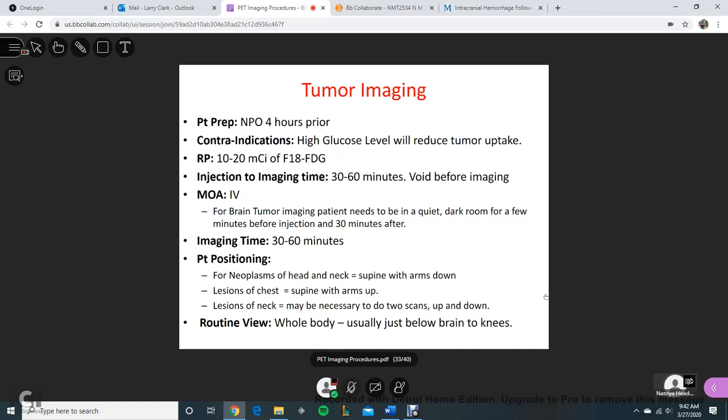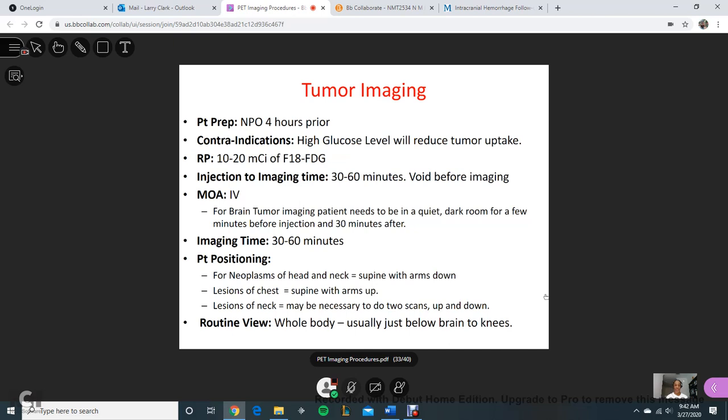The injection to imaging time is 30 to 60 minutes, and the patient has to void before you image them. The method of administration would be IV. For brain tumors, the patient needs to be quiet in a dark room for a few minutes before injection and 30 minutes after. And the imaging time would be 30 to 60 minutes.